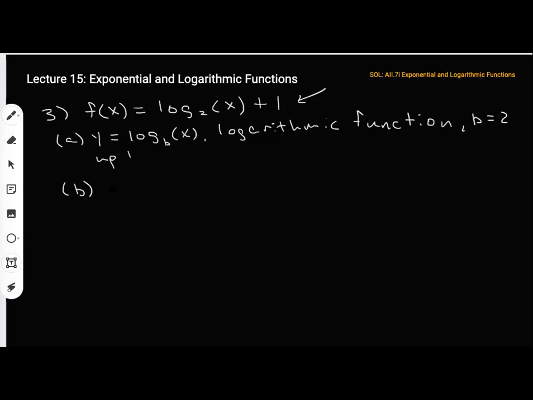Let's do part B. What is the domain of this function? Well, you can never let the x values be 0. You can never let them be negative either. So I'm going to say x is greater than 0.